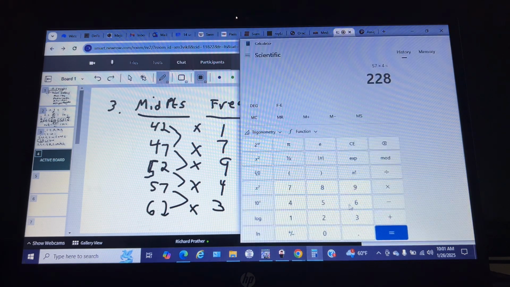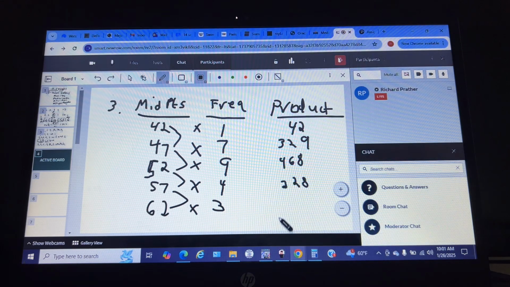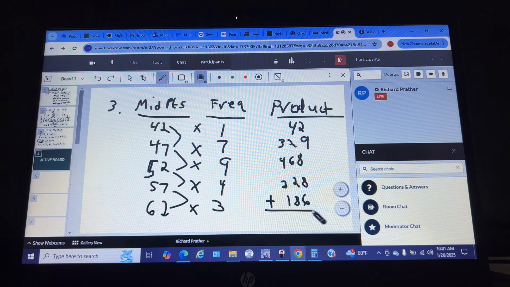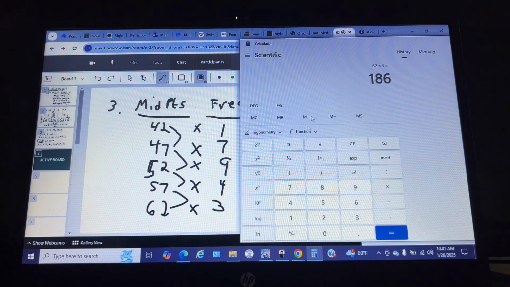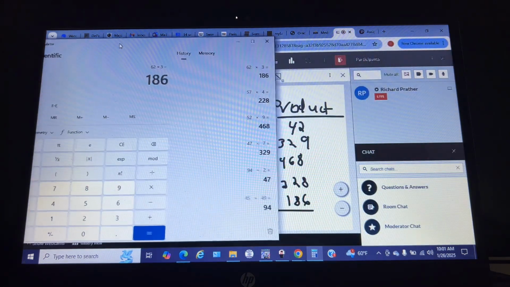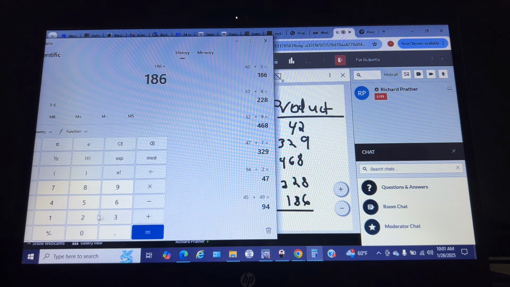And 62 times 3, 186. Add this up: 186 plus 228 plus 468 plus 329, and plus 42.